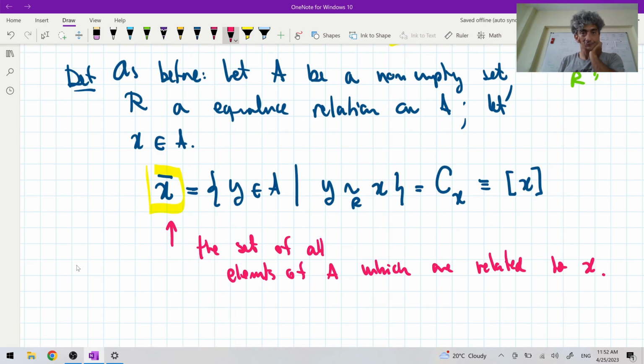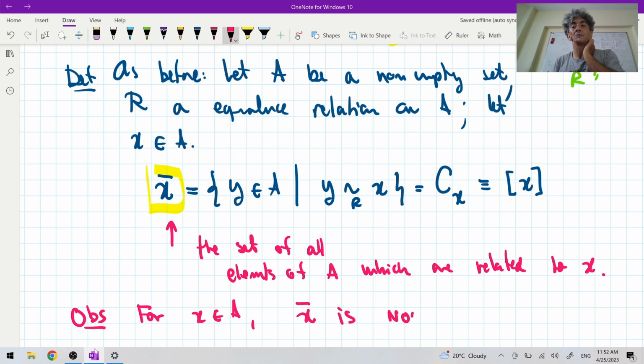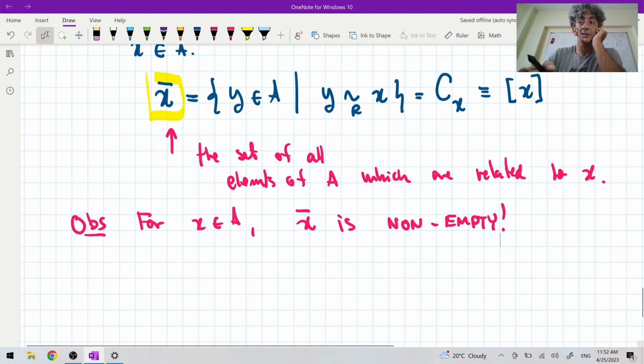Observation: for X belonging to A, the equivalence class of X is non-empty. Because X itself belongs to its equivalence class.